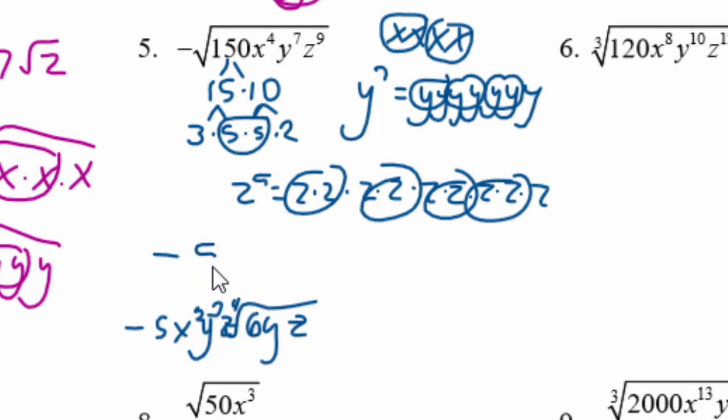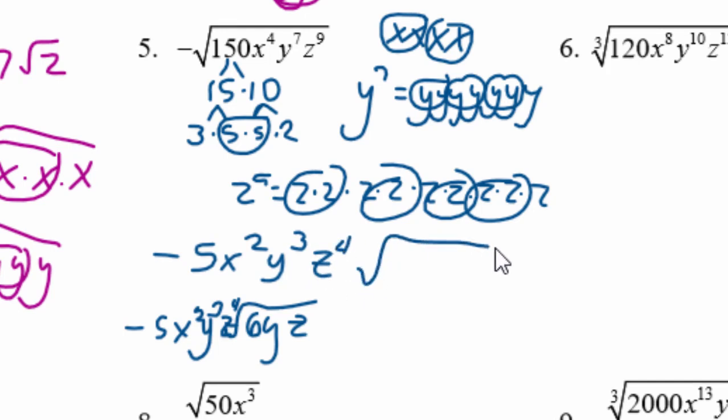Negative 5 x squared y cubed z to the 4, right? There were 3 groups of y, 4 groups of z, then the radical, and left over I had a 6 from here, a y, and a z. 6yz. Perfect.